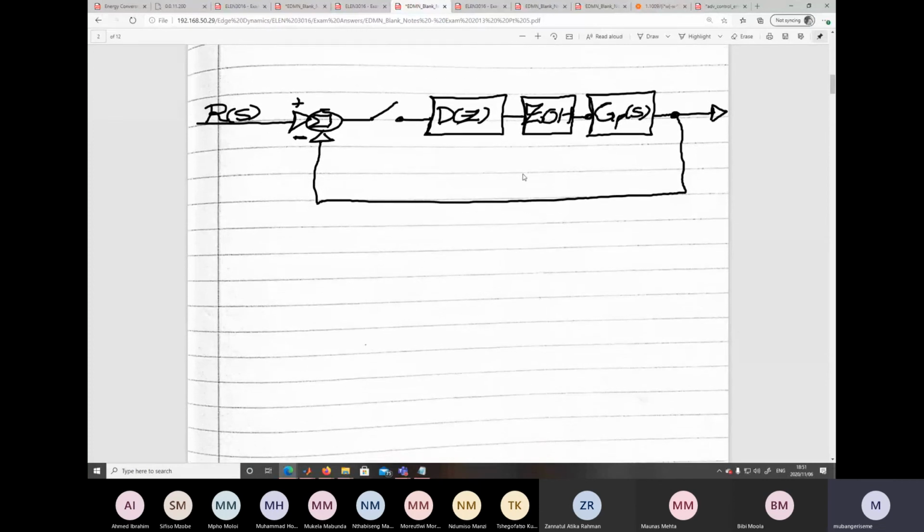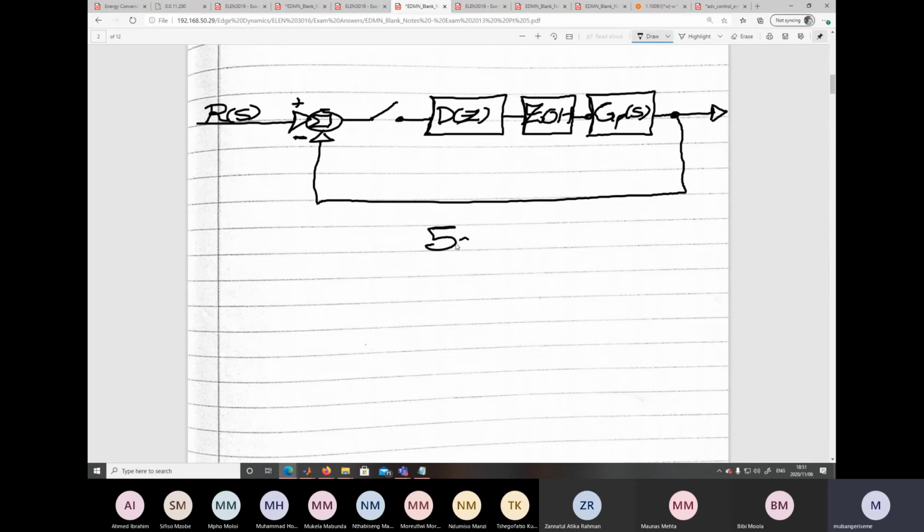Okay, cool. So in A, we need to derive a pulse transfer function for the zero order hold plant combination. So this thing over here, I'm going to say let that equal... Okay, this is still the continuous domain, so I'll leave that for now.